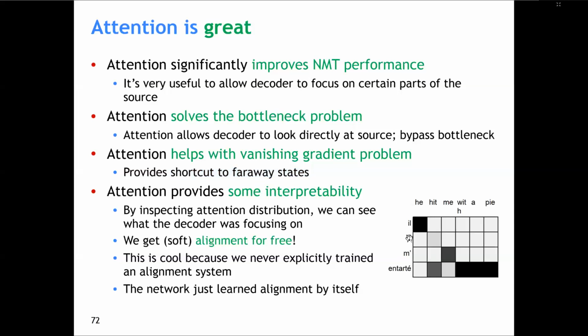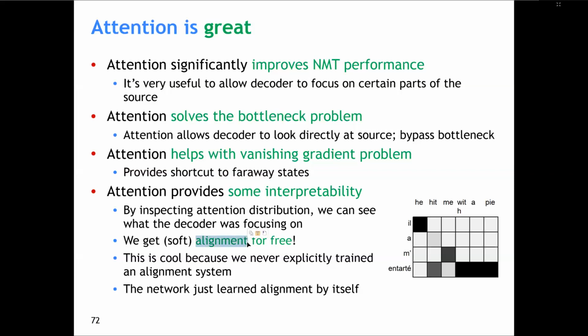From the attention distribution, we can generate a similar map like this, to tell you, when we predict "he", what are the most important words for making that prediction. So it provides some interpretability into the model. We kind of get alignment for free.